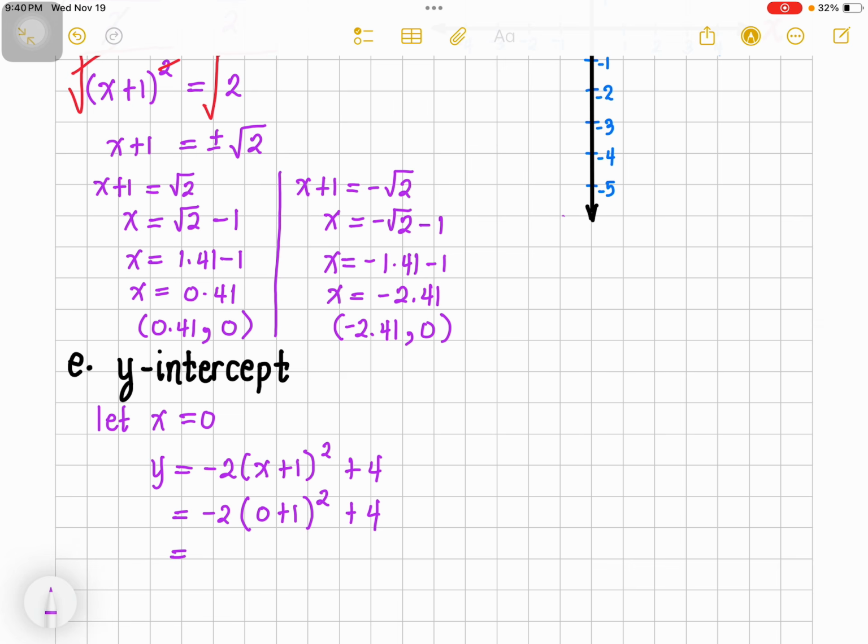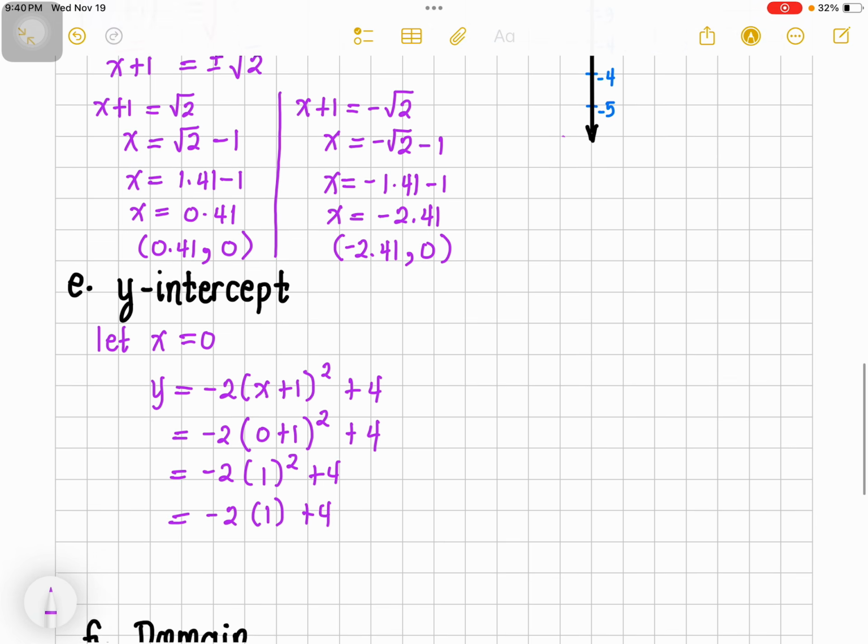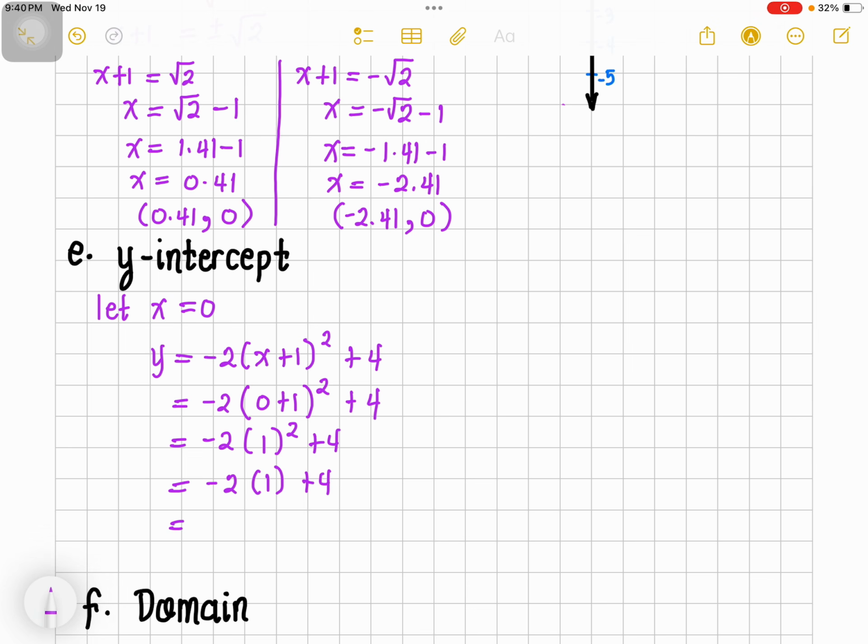So, magiging negative 2. 0 plus 1 is 1 squared plus 4. Simplify. So, negative 2. Positive 1 squared, that is equal to positive 1 pa rin naman. Plus 4. So, negative 2 times 1. So, that is negative 2 plus 4. So, y now is equal to negative 2 plus 4, that is equal to positive 2. If we're going to get the coordinates of the y-intercept, and that is 0, 2.